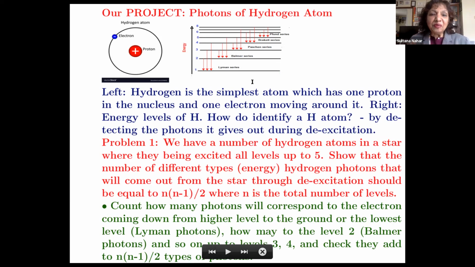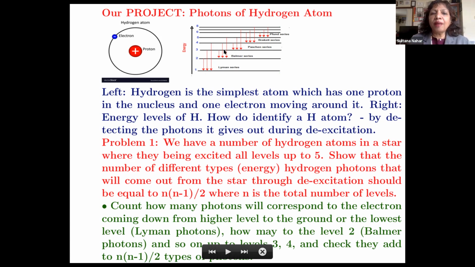So problem one. Consider that we have a number of hydrogen atoms in a star where they are being excited to all levels up to 5. So, excited to levels 1, 2, 3, 4, 5.